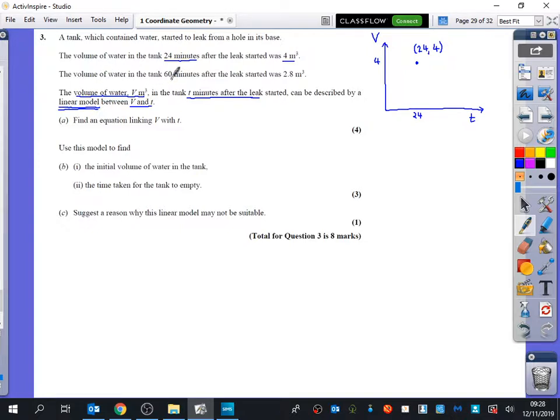It then says the volume of water in the tank, 60 minutes after it started, was 2.8. So now if I go all the way on to 60, along the bottom, the volume has changed to 2.8. So the x, or the t coordinate is 60, and the v coordinate is 2.8.